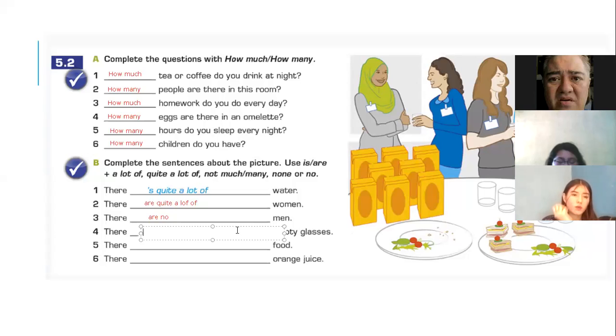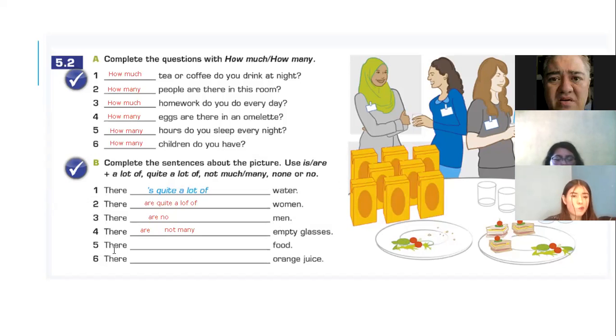There is or there are? Are. There are, and then? Not many. There are not many empty glasses. Todos están vacíos. Ah, no, that's true. I didn't see that there are some of them with water. You're right. There are not many empty glasses. Very good. There are 2 empty, right? Good job.